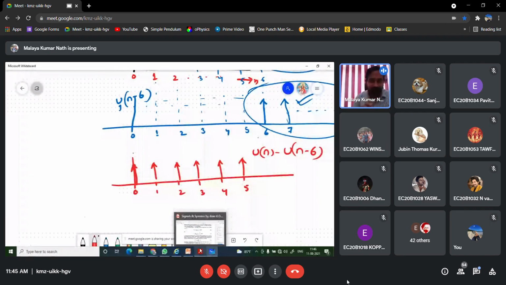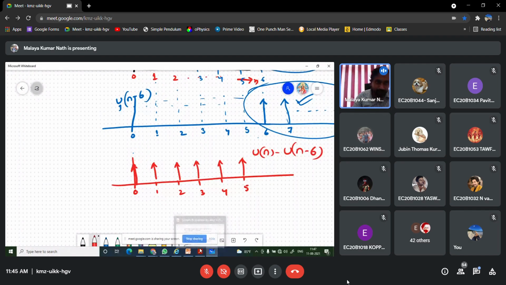No, one signal is given to you. You have to say whether it is an energy signal or a power signal. How will you say that? For that reason, you have to calculate your energy and your power. If energy is finite and power is equal to 0, this is called your energy signal. If energy is infinite and power is finite, then this is called your power signal.